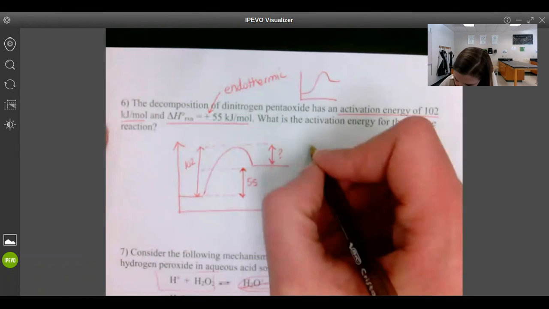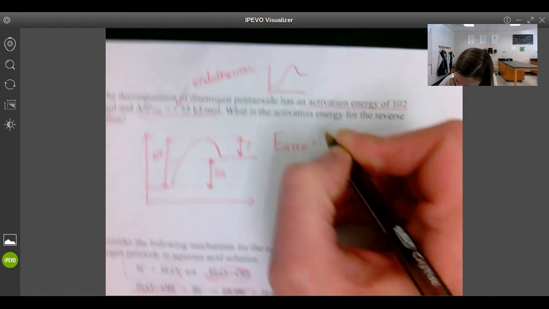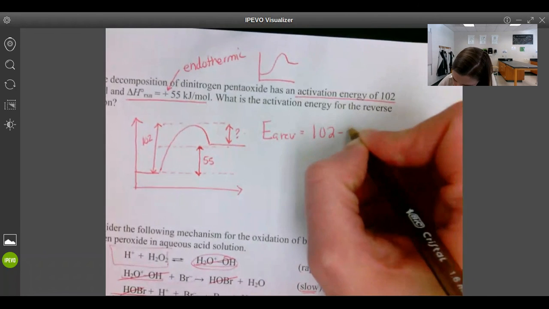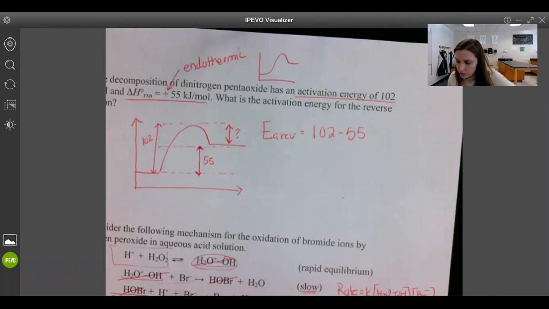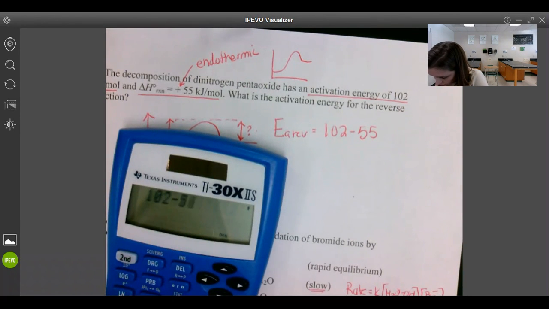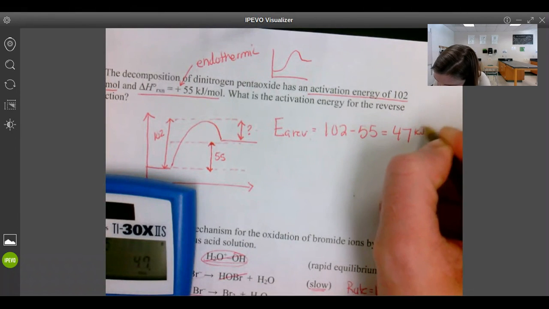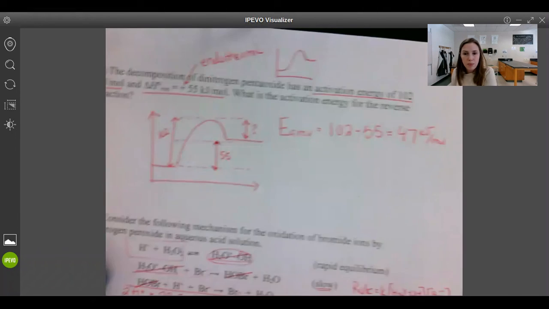This reverse activation energy, so Ea of the reverse, would simply be 102 minus 55. Plug that in, and end up with a value of 47 kilojoules per mole.